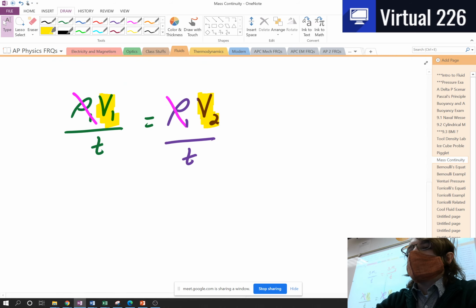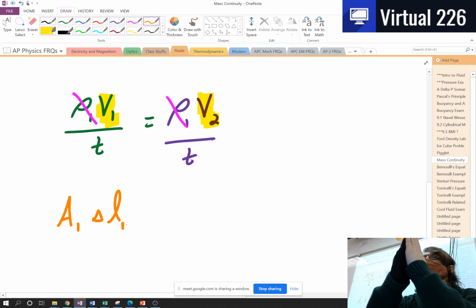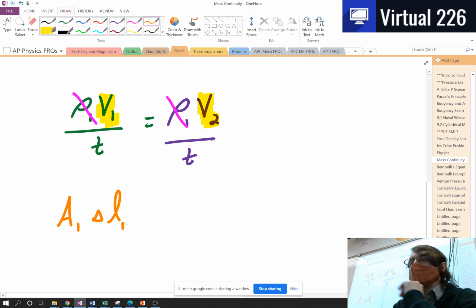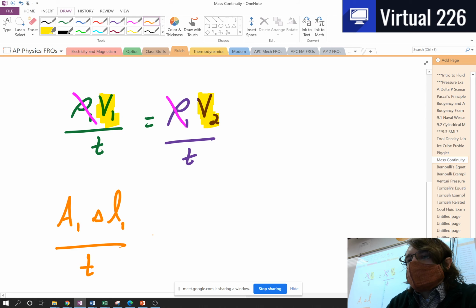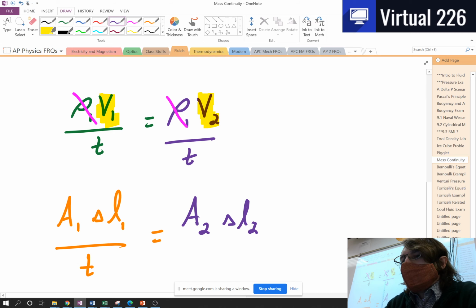So let's go back down here and rewrite this as saying this volume is a cross-sectional area multiplied by some change in length. This is like the length of the water, how much depth you have in that hose. We'll call that delta L1 divided by some period of time. This is going to equal to the second cross-sectional area, our either thinner or larger opening, multiplied by delta L2 divided by some amount of time.